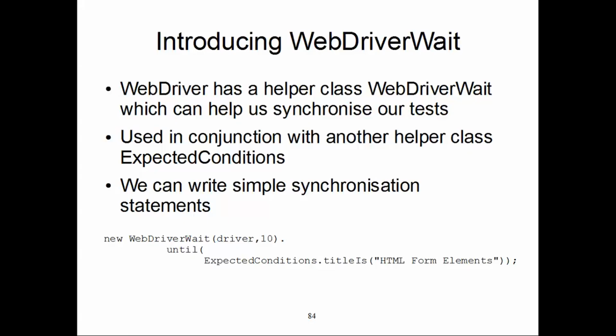If the condition is not met after the 10 seconds are up, it will throw an exception. So I'm basically saying wait for 10 seconds using this driver until the title is HTML form elements. And we're using a helper class called expected conditions, which is a whole bunch of helpful synchronization methods.